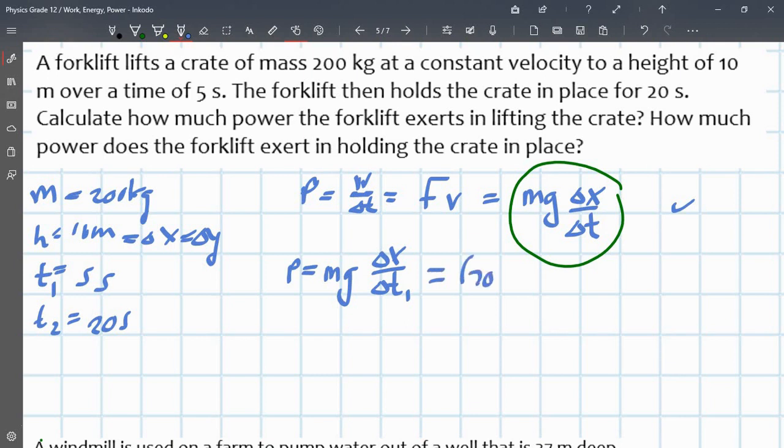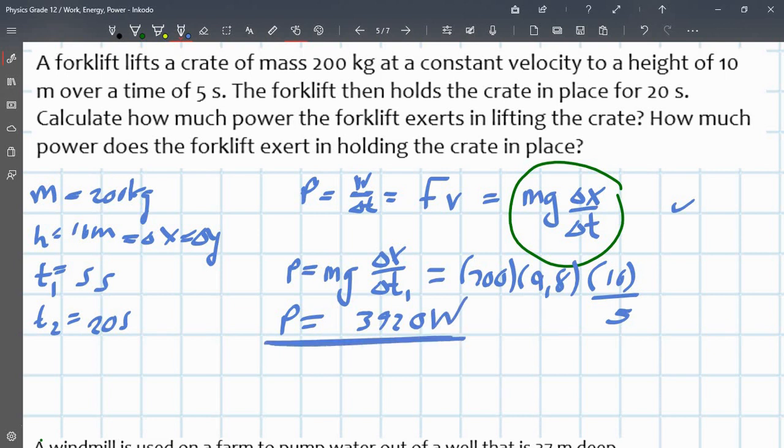So mass is equal to 200 kg, gravity is 9.8, displacement is 10 meters, and the time it takes to move upwards is 5. Therefore, the power expended, when plugged into the calculator, we get 3920 watts. Power is in watts.